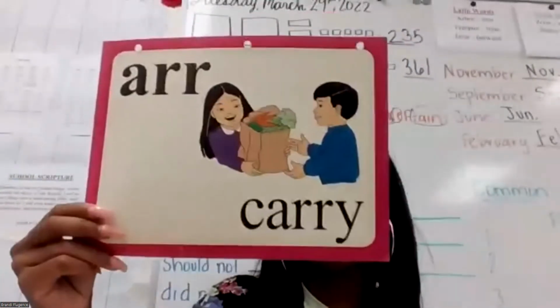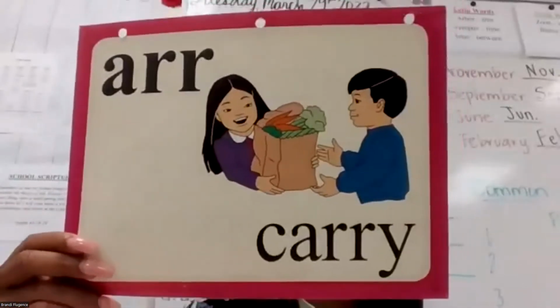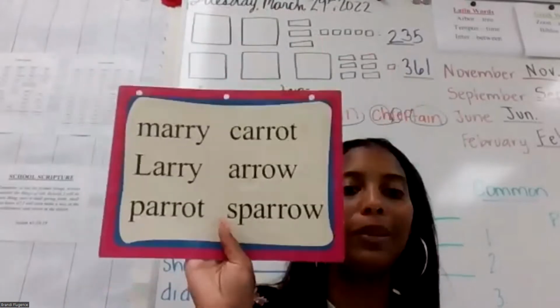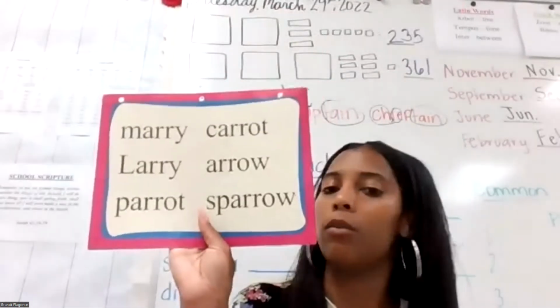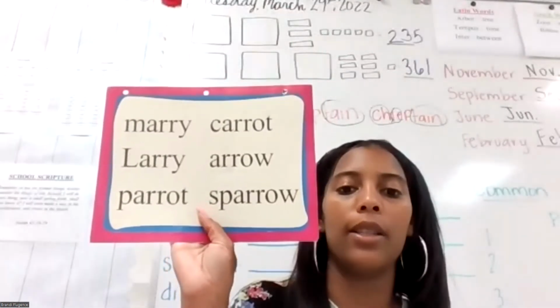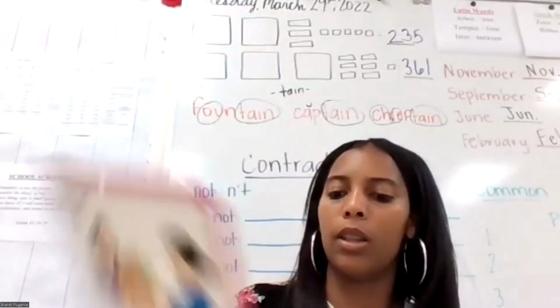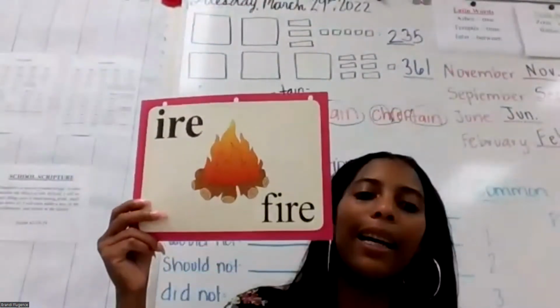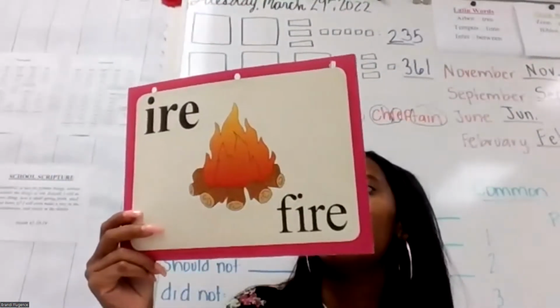ARR says air in carry. Okay, this is what you can use to hunt for food. ARR, air. You need an arrow. Good. Bow and arrow. Yeah, you can hunt with that. IRE says ire like in fire.